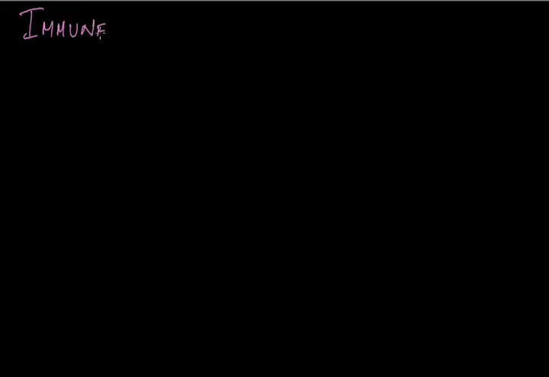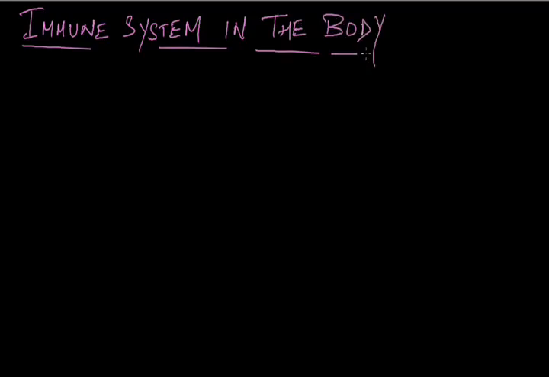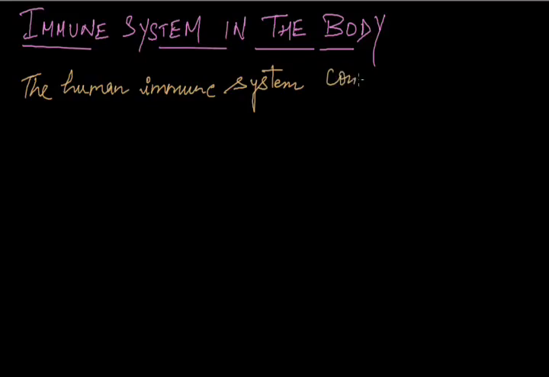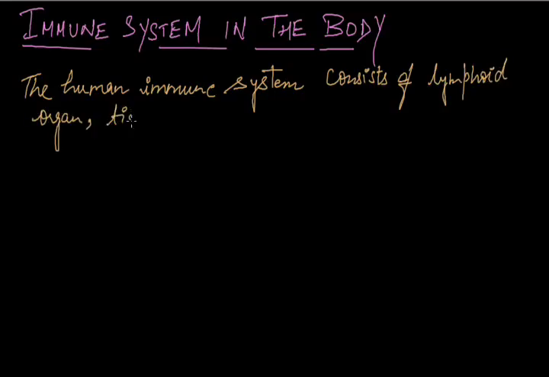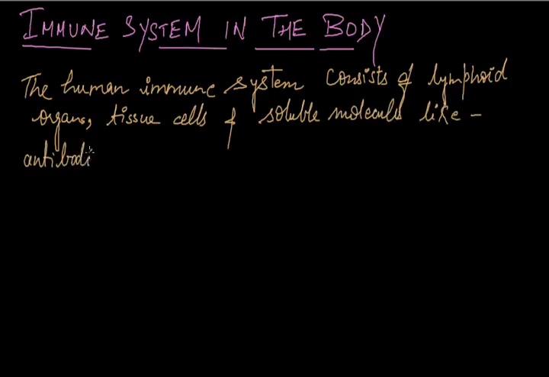The next topic we're going to study is the immune system in the body. In this, we will mainly study the lymphoid organs, but the human immune system consists of lymphoid organs, tissues, cells and soluble molecules like antibodies.